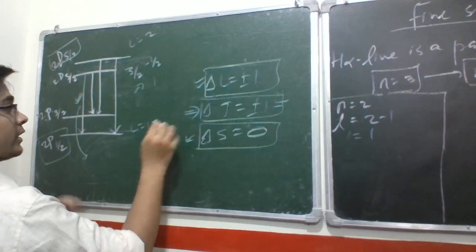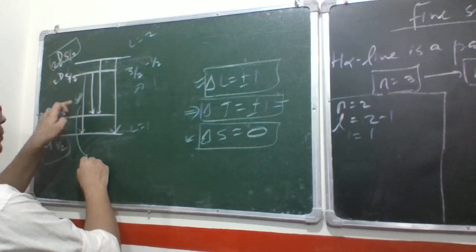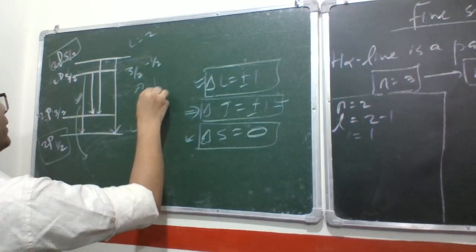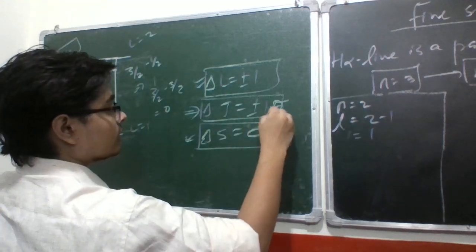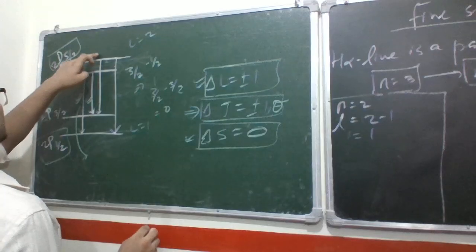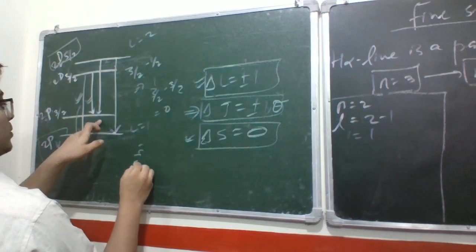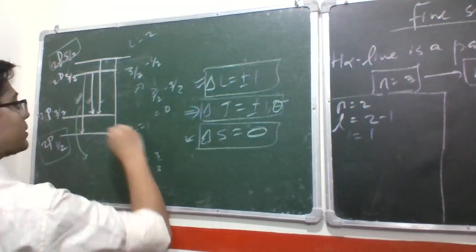Now it says that this is possible. Again, if you see this one, 3 by 2 minus 3 by 2 gives us 0, and we know 1 and 0 are possible, so this is also possible. If you see this one, 5 by 2 minus 3 by 2, this is also possible.